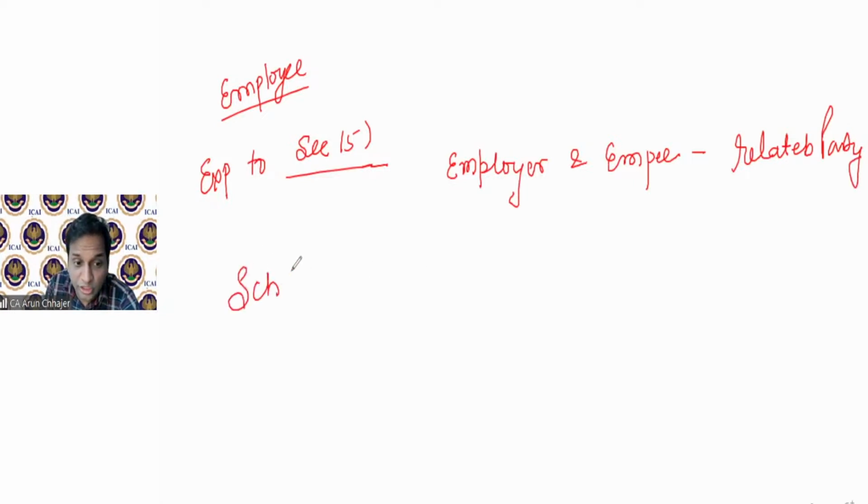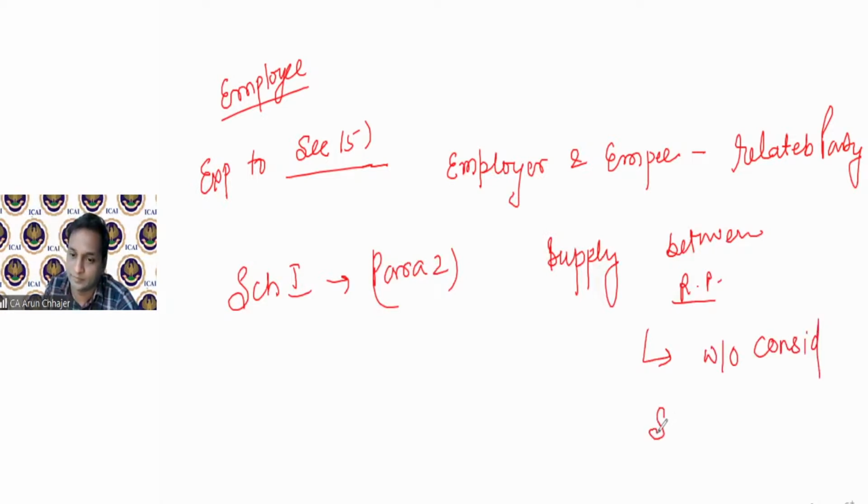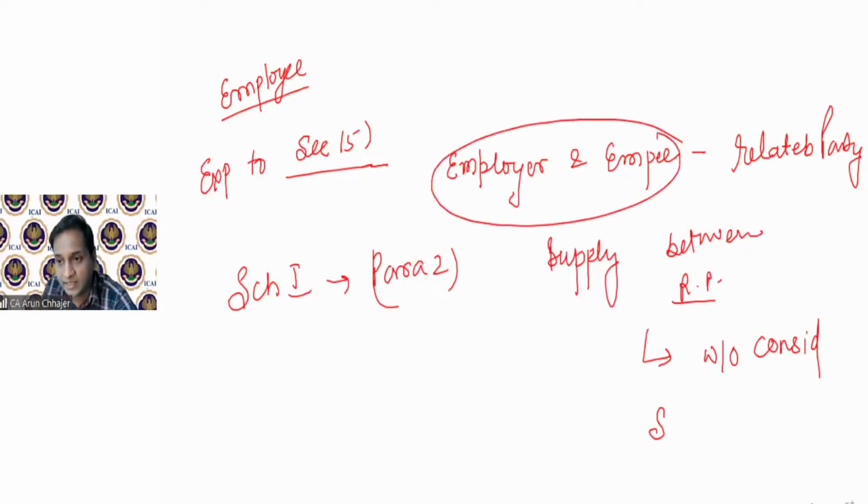Second, according to schedule 1, para 2, the supply of goods or services between related persons or between distinct persons without consideration would also be a supply. So employer and employees are related, and therefore I can say that transaction between them would be chargeable to GST.